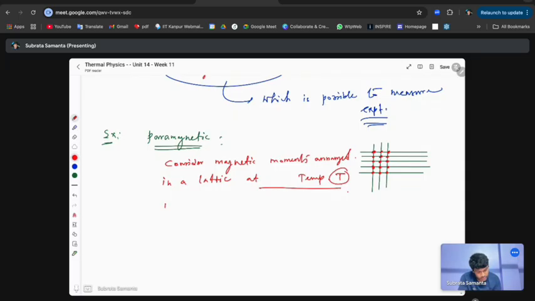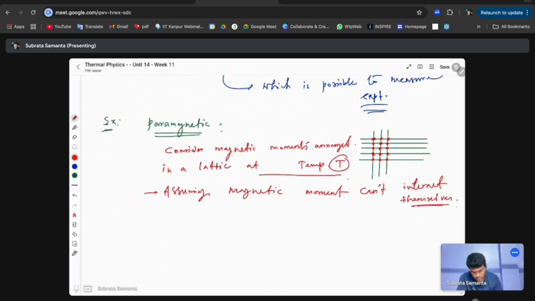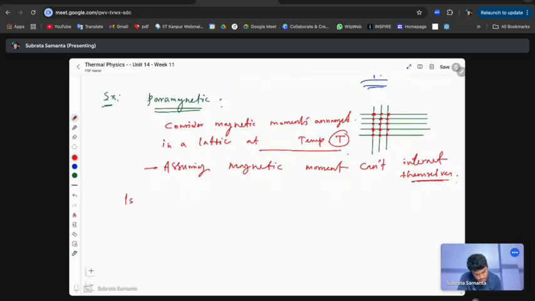Now we use the first law of thermodynamics.